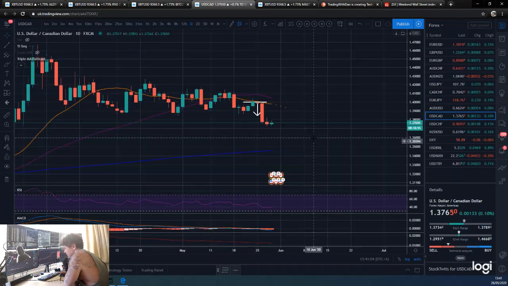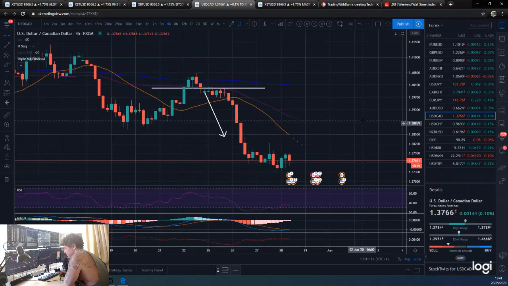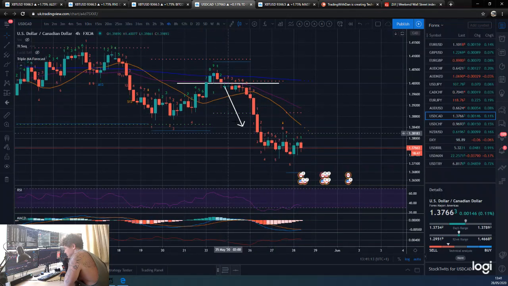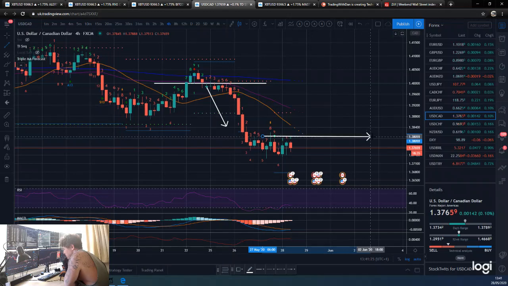Right, US dollar. Well, this worked out to plan. This is the daily, so we obviously know this worked out to plan. Yeah, and still working out to plan. Yeah, we had the 9. Hard to really draw where, because this 8 candle, but we will draw it on. We'll draw a line across here.